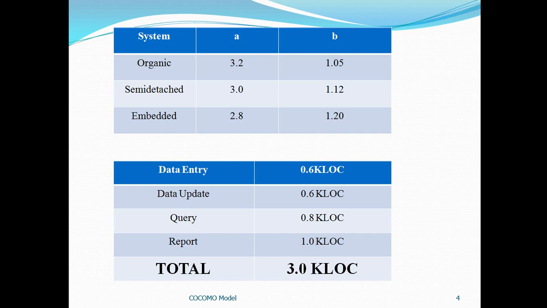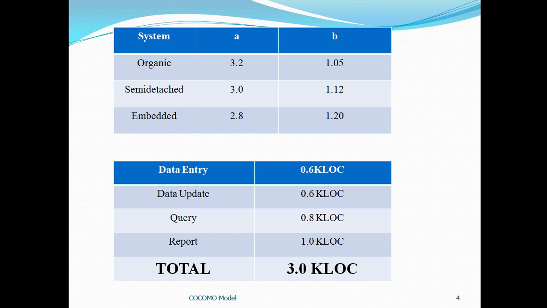The second project is semi-detached, which has an A value of 3.0 and a B value of 1.12. The third project, embedded, has an A value of 2.8 and a B value of 1.20. In the first table, there are three different projects with three different complexities and three different A and B values.